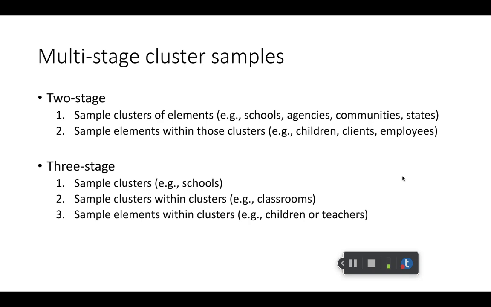A 3-stage procedure could sample clusters like schools, and then sample clusters within those clusters like classrooms, and then finally sample elements or individuals within those smaller clusters, so sample children or teachers within classrooms. There are an infinite number of ways of doing this. You can set up multi-stage cluster samples in ways that are very refined for the specific purposes of a study.